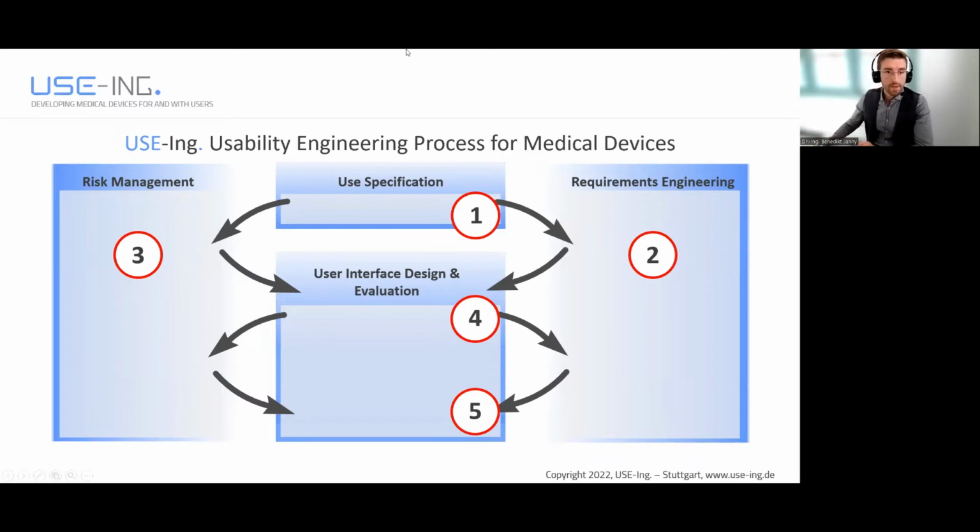So in between, but closely linked to both of them, there's something that we can name the usability engineering process, which apart from the requirements engineering and risk management links includes the use specification, user interface design and user interface evaluations. And in a very simplified way, I want to walk you through this process, focusing on use errors and formative and summative user interface evaluations.